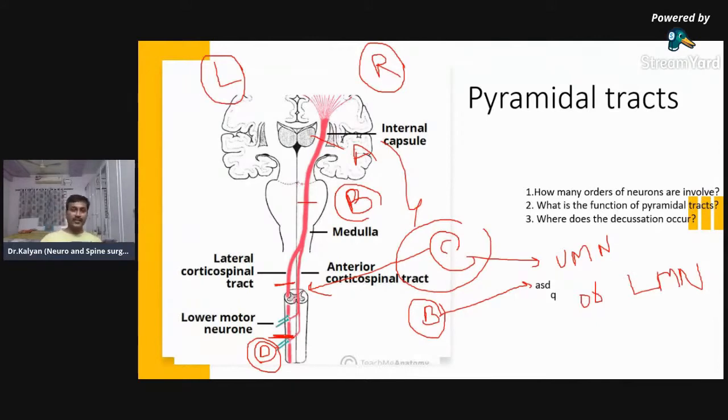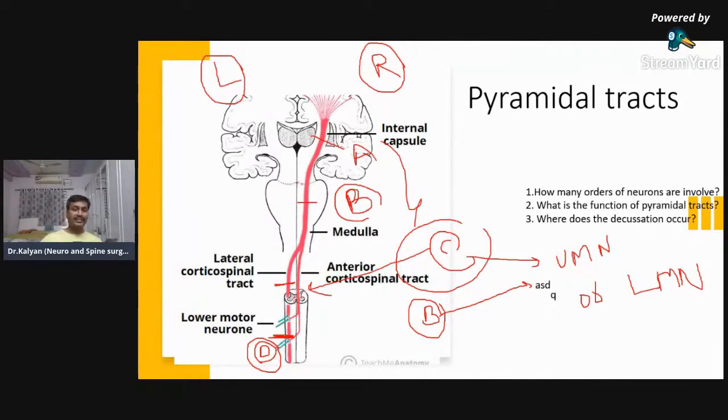So you should be able to tell, when there is a lesion, whether the weakness will be on the same side or the opposite side. The second thing you have to answer is whether the lesion is UMN or LMN. The LMN is the lowermost order of neurons involved, and an LMN lesion is usually on the same side.